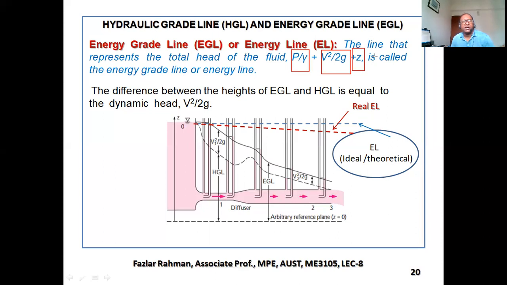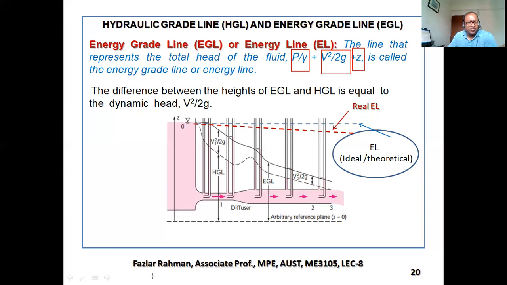And sometimes they ask the question, could you tell me Bernoulli's equation in one sentence? So you need to say the summation of pressure head, velocity head, and potential head is always constant. That you have to say. Okay. So you see, look at the graph.